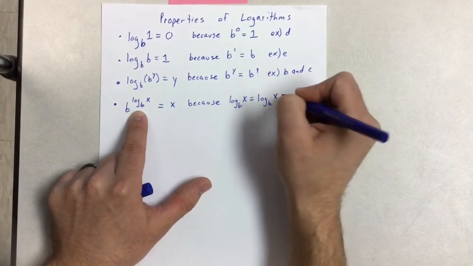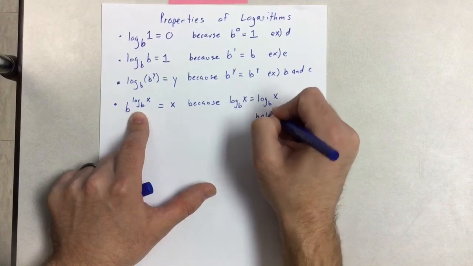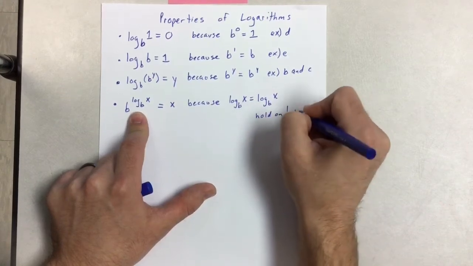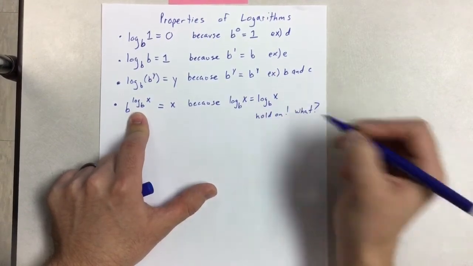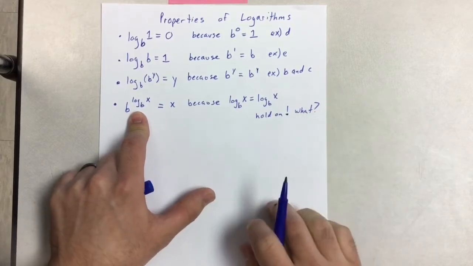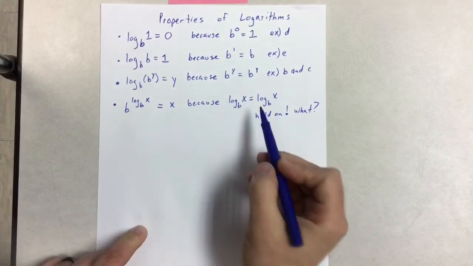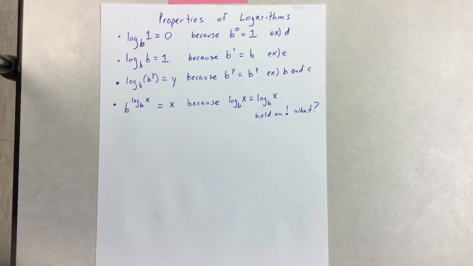And again, you're probably thinking, hold on, what? And I would kind of agree with you. That property alone looks rather confusing, but we're going to see exactly how it is used.